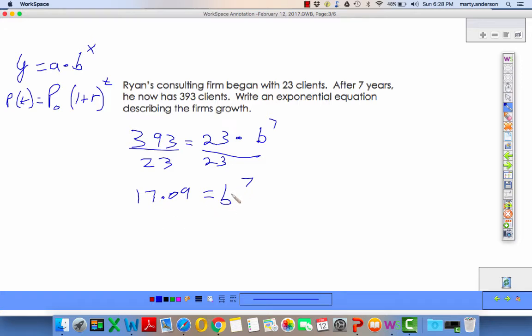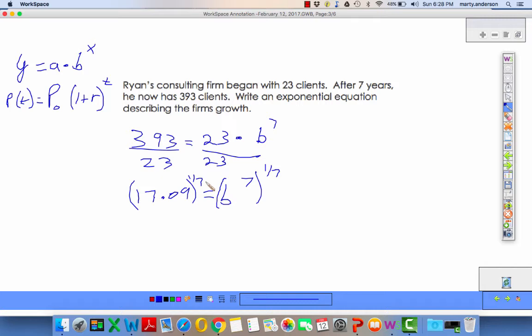You could take the 7th root, or we could raise it to the power of 1/7. So we can take our answer that's on our calculator, 17.0869 whatever, and we're raising it to the power of 1/7.